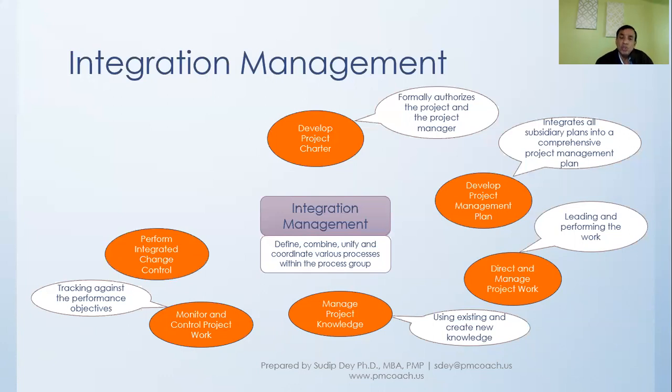Then we also look at the process perform integrated change control. This is about managing and communicating changes. It happens to be one very, very important process in the whole of project management, because when we are running the project, changes are inevitable. Even if you do a predictive life cycle, changes will be there.